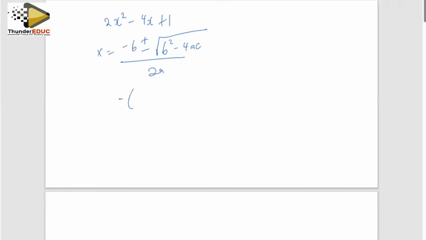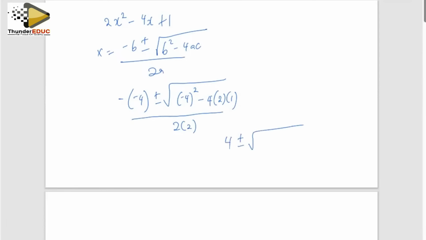So that's going to be negative negative 4 plus minus the square root of negative 4 squared minus 4 times 2 times 1, divided by 2 times 2. Simplifying that, I'll have a positive 4 plus minus the square root. We know that 4 squared gives us 16, minus 4 times 2, that's 8. So 16 minus 8 is going to give us 8, divided by 2 times 2, which is 4.